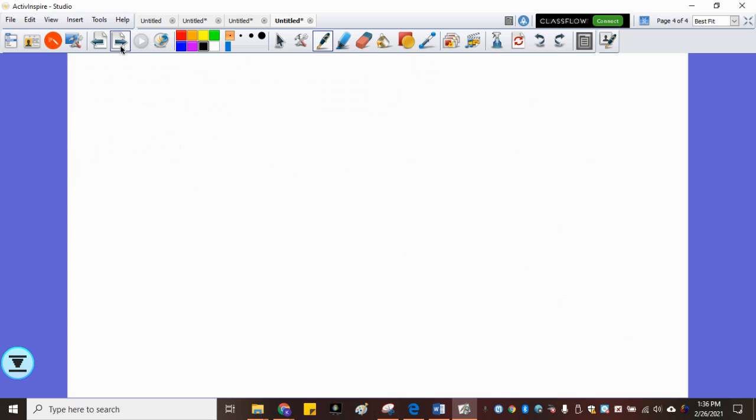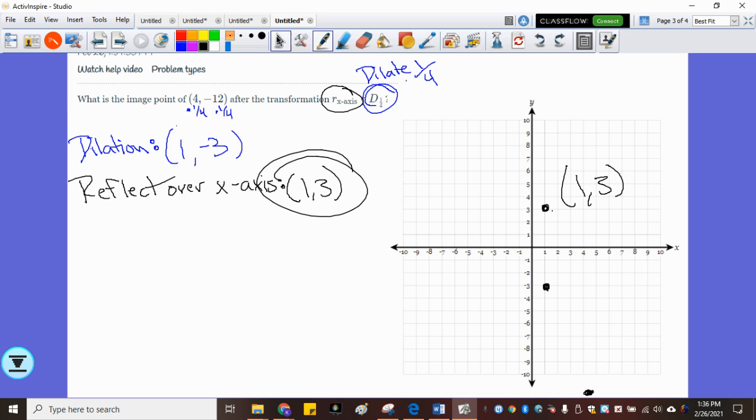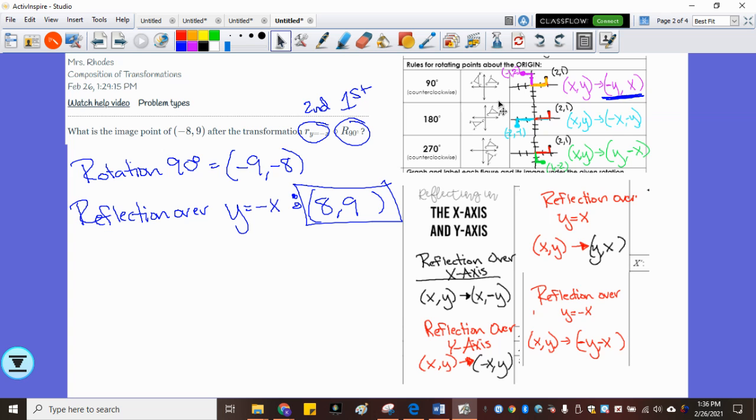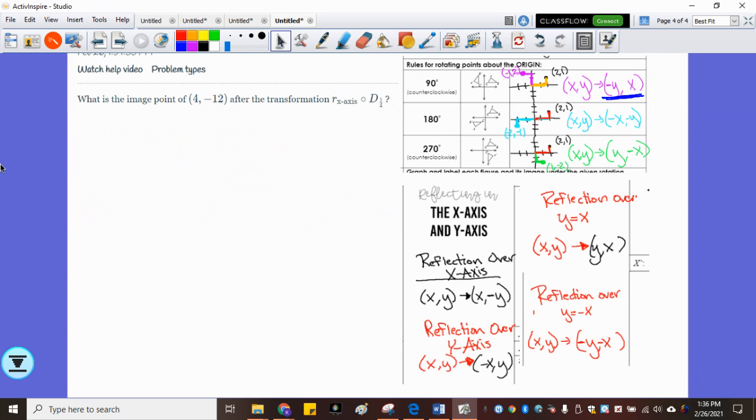If you wanted to do it just with the rules, I'm going to end the video having this up anyway. So dilation, you just have to know your dilation. That's still going to be times 1/4. So get 1, -3. So start here.